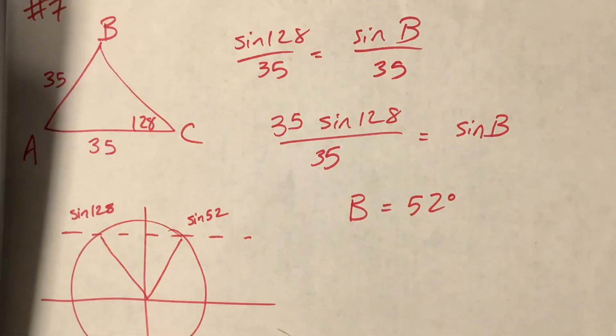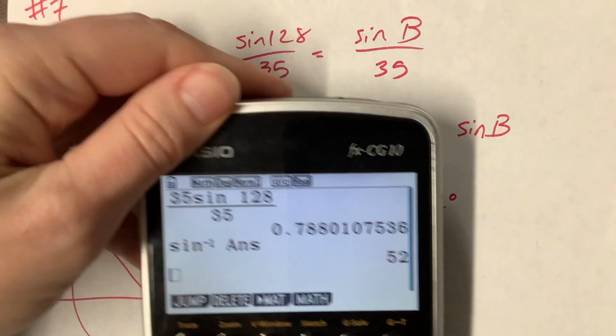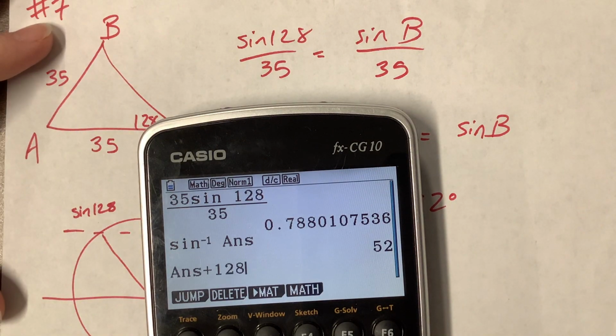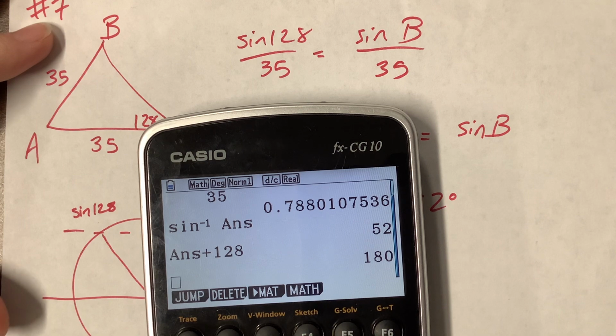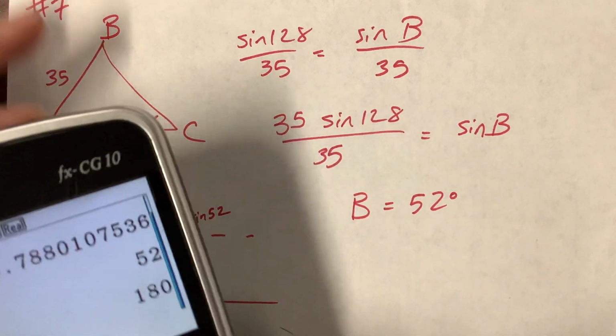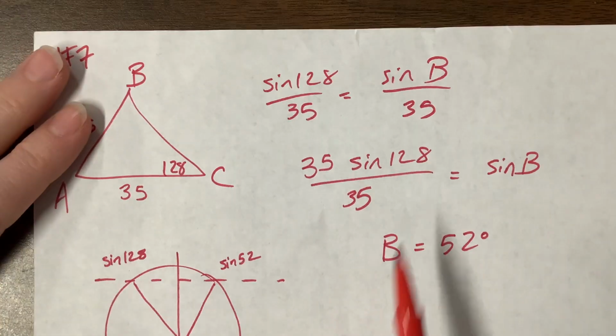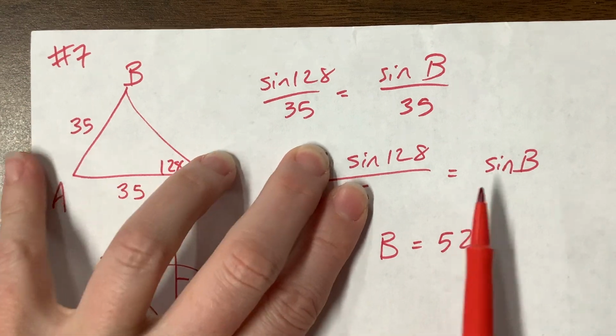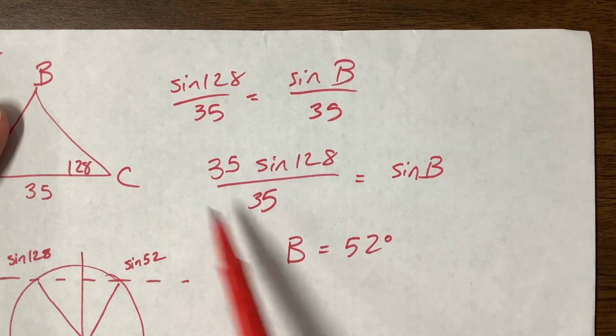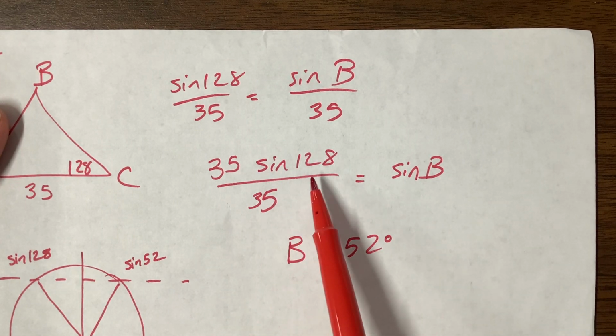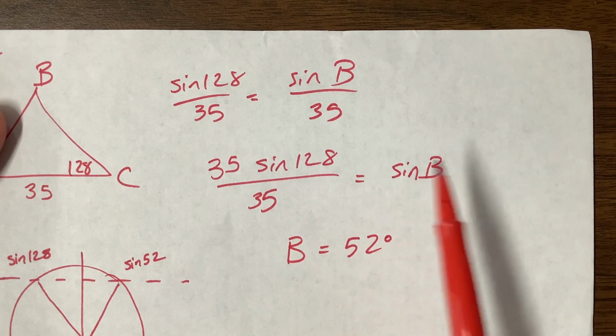What's happening here? Notice that number plus the 128 that's already there is exactly 180. What I should have known is that these 35s would cancel each other out, so basically I need something that has the same sine value as 128.